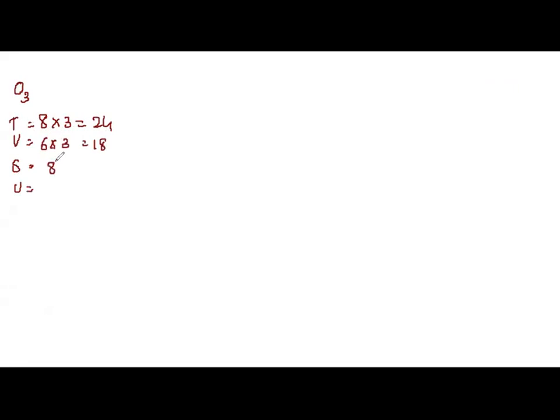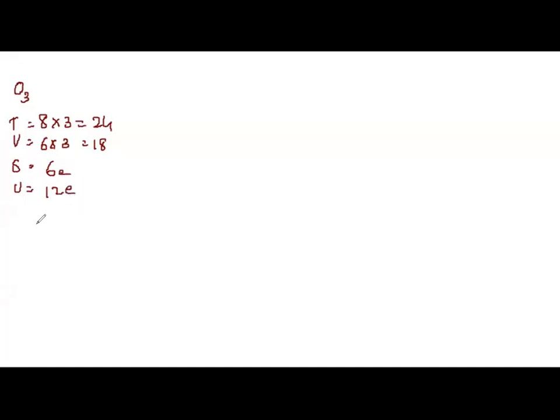Sorry, 24 minus 18 is 6. Correct. Then 18 minus 6 is how much? It is 12. So these are shared electrons, these are unshared electrons. Let us write and see.